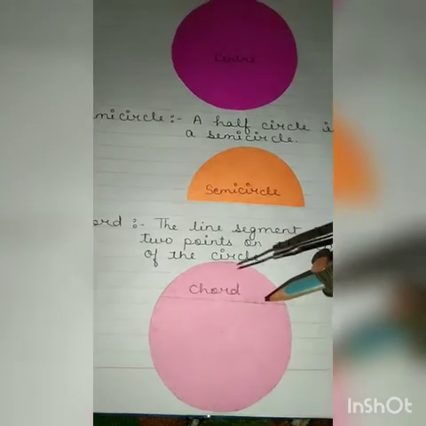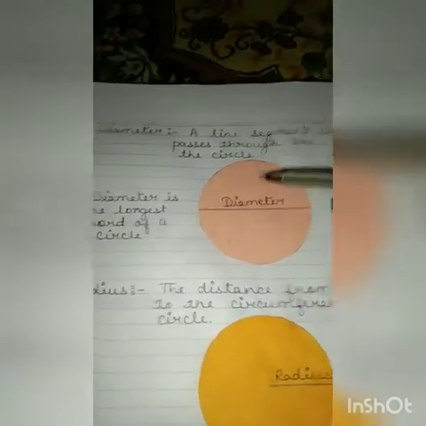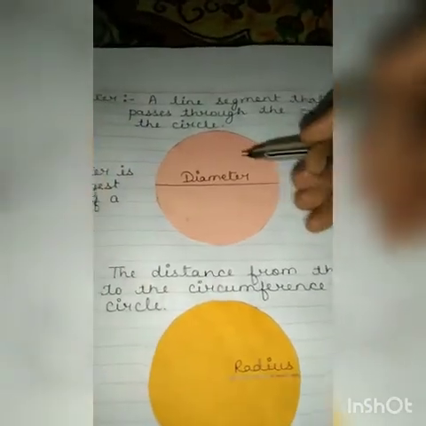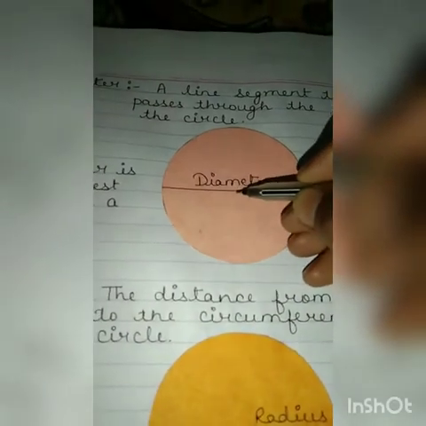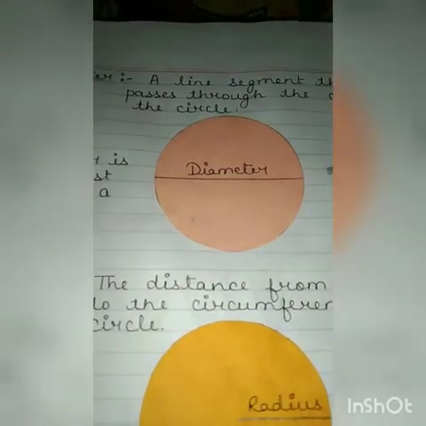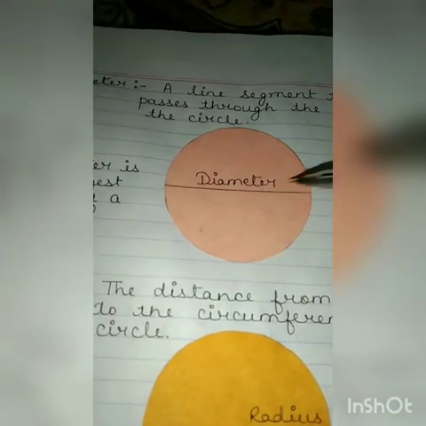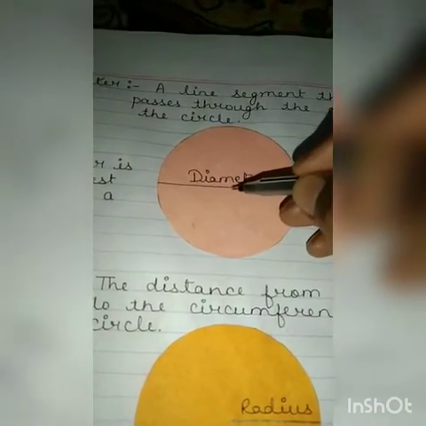Next topic is diameter, a line segment that passes through the center of the circle. Suppose you have kept the needle here and drawn the circle, so this line segment is joining two parts of the circumference, passing through the center.